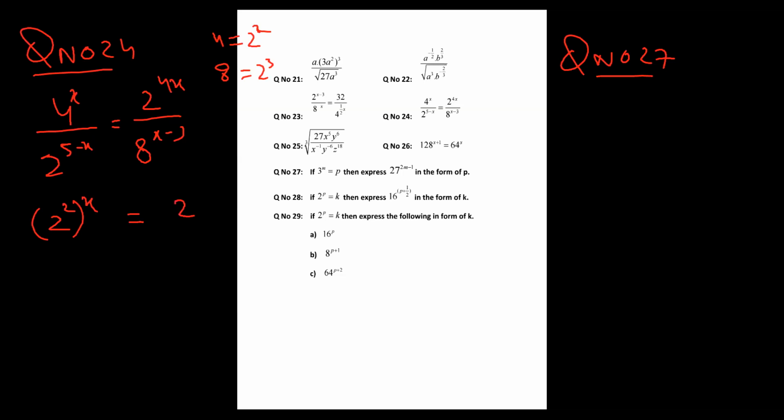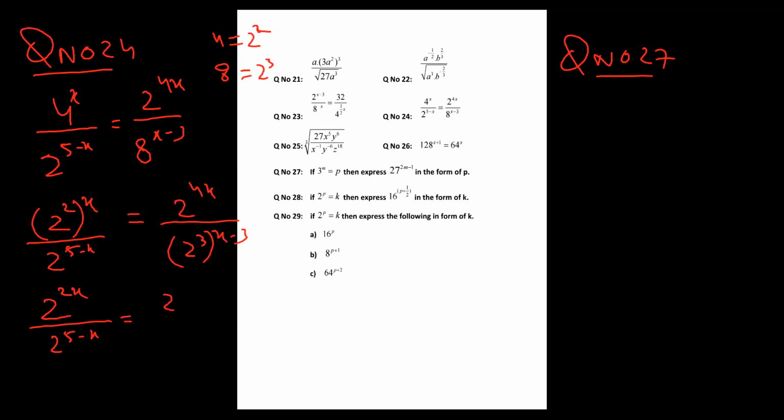No rocket science up till now. Here same. On the top I got 2x and down I have 2 to power 5 minus x. Here 2 to power 4x. Here 2 to power 3x minus 3, 3 3s are 9. Up till now nothing new.